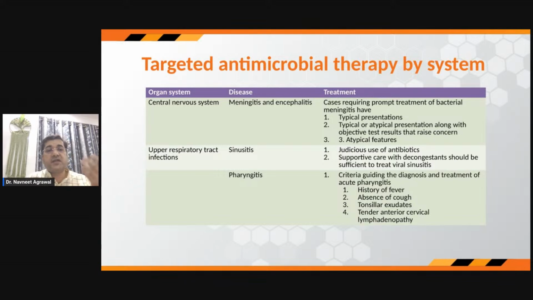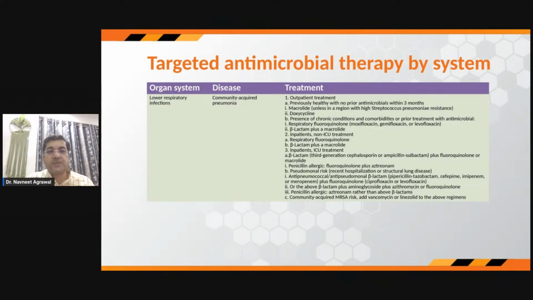But if it is just a URI, sinusitis, or pharyngitis, you should think whether the patient really needs an antibiotic or whether it is just a self-limiting disease. If the patient has a lower respiratory infection, we should think whether it is community acquired pneumonia or hospital acquired pneumonia.